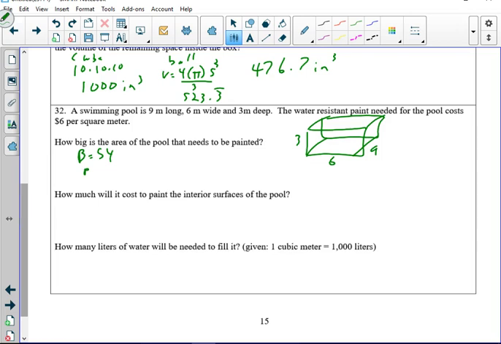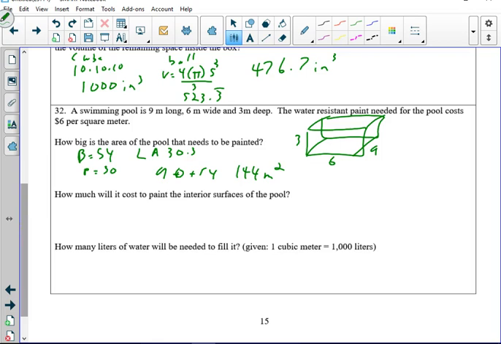The perimeter of the base is 6 and 6 and 9 and 9. 30. So the lateral area is 30 times 3. So you have 90 plus 54 is 144 square meters to be painted.